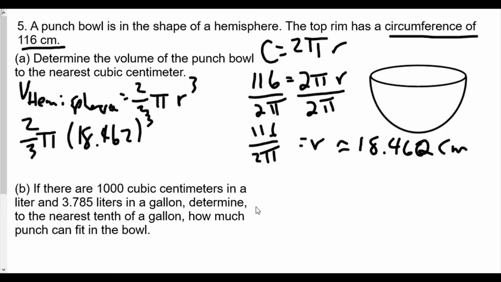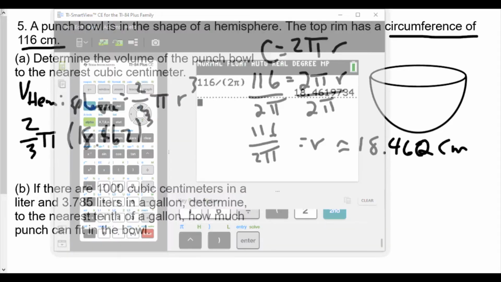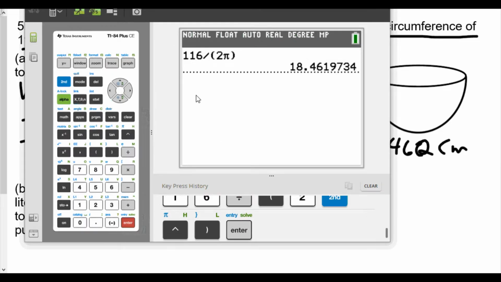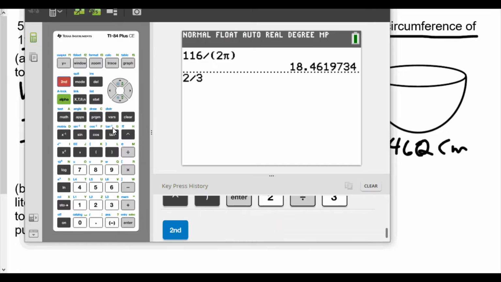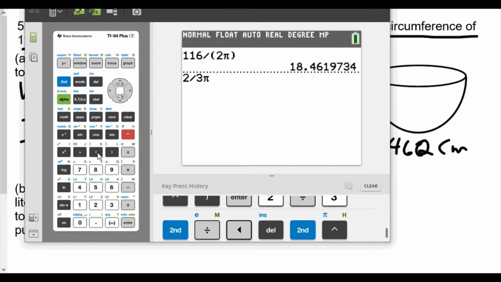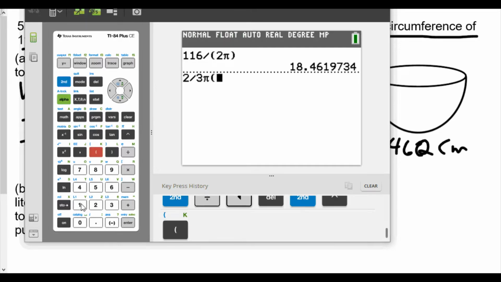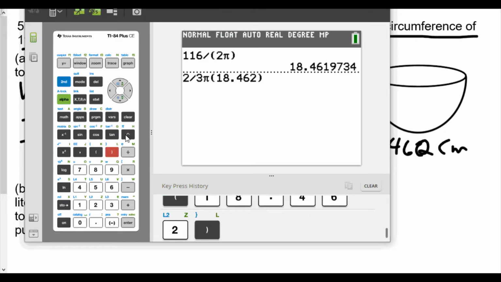Now, the funny thing is that we can also just grab the answer from the calculator. So 2/3, because it's a hemisphere, not 4/3, 2/3 pi. Oops, not e, that's not what we're looking for. We'll delete that. Okay, e you'll deal with later on. Then 18.462, close parenthesis, raise to the third power.